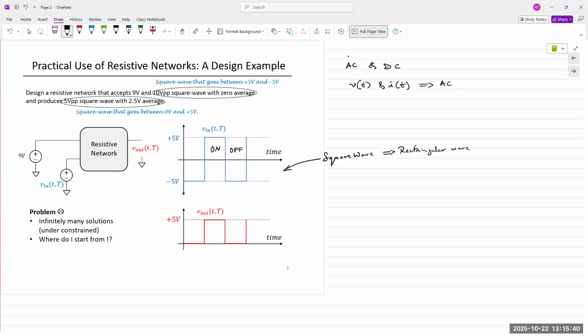And the ratio of the on and off cycle is known as the duty cycle. The time that it is on and the time that it is off. If this duty cycle is 50%, meaning they're both equal halves, then it is known as a square wave.